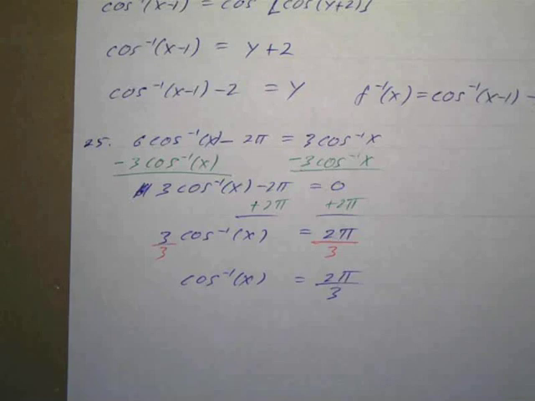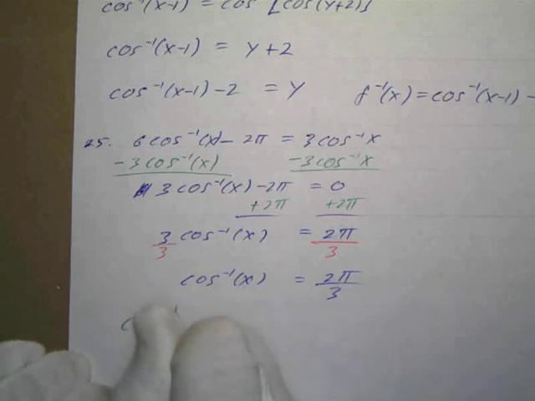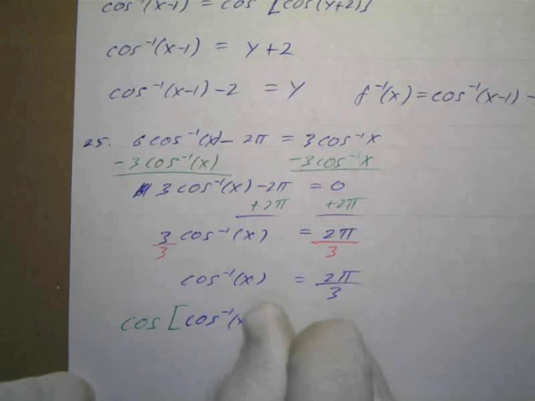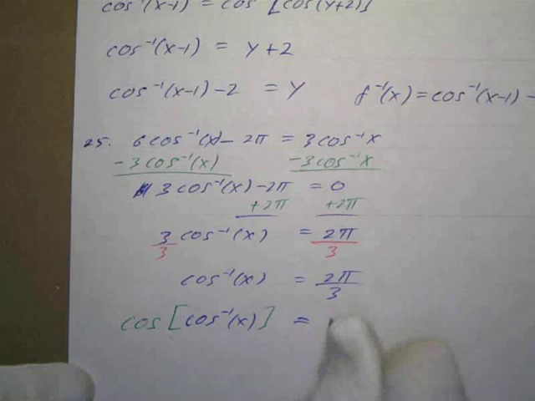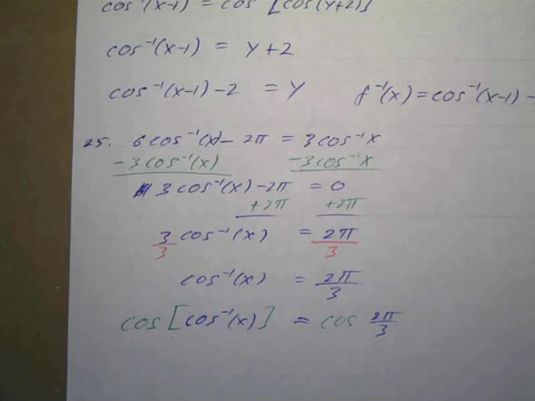And we want to take care of this, so I'll just take the cosine of both sides. And that just equals the cosine of 2 pi over 3. So these undo each other. So on the left I've got x. And what's the cosine of 2 pi over 3?